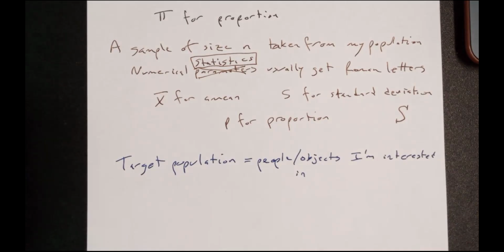Parameters only apply to the big group. Statistics apply to the small group. That way, when I say the parameter is 50%, I'm referring to the whole group, and then I go, oh, well, I looked at my sample and my statistic is 49.3%. Is that a big error or a little error? And we'll look at how we get those answers further down.